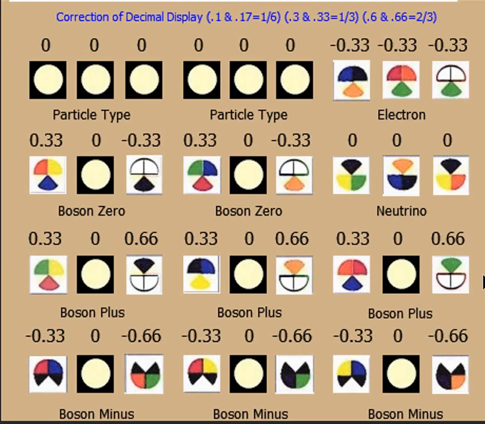Now, just as before, an exchange of the prime element included in the first row, lepton here, and the third row, boson plus, will transform the electron and neutrino one into the other.